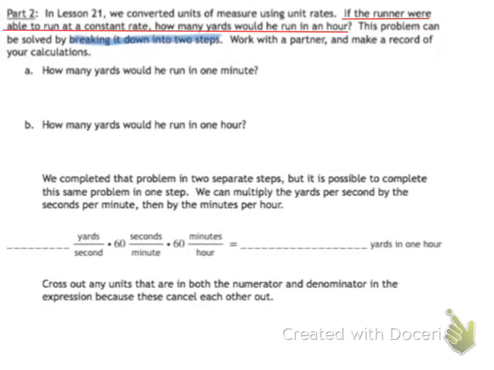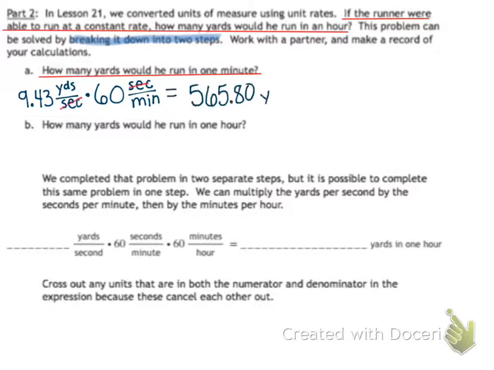So the first part, how many yards did he run in 1 minute? So I'm going to start by taking the information that he ran 9.43 yards per second, right? That's from part 1. If you're wondering where I got that from, that's from part 1. Now, I need to change, let me be more specific.